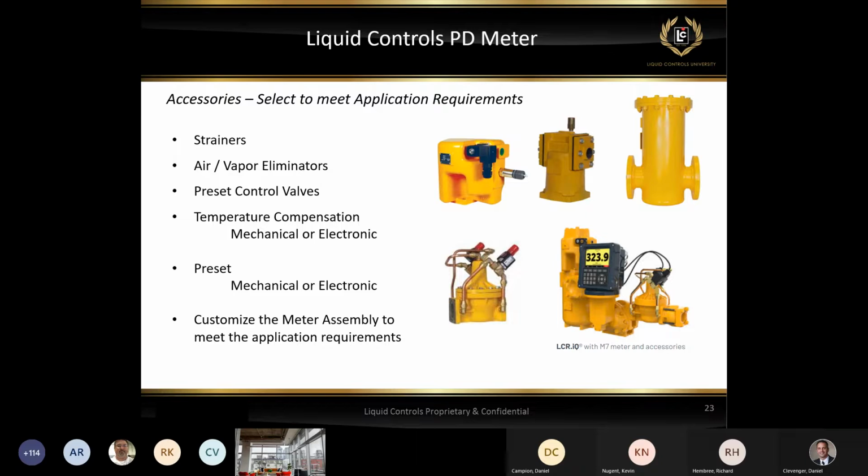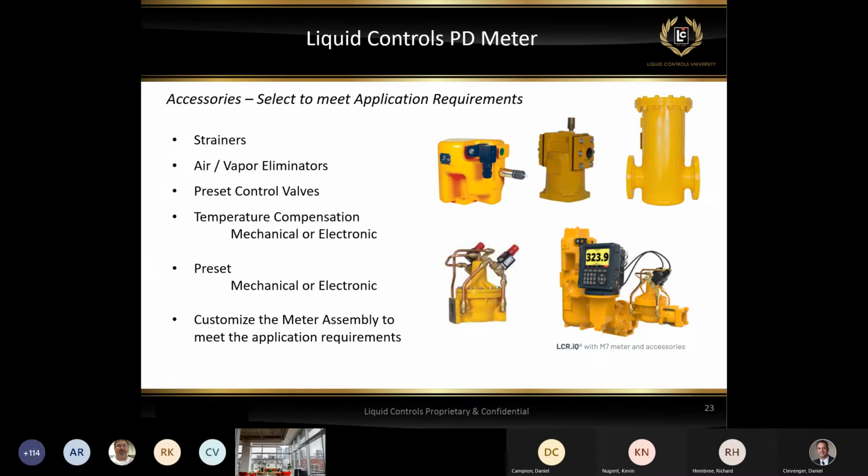Now, the weights and measures approval in many countries do not specifically say you must have an air eliminator, but they're written such that you must prevent air from going through the meter, which will be counted as liquid. So be careful when you're talking about supplying equipment and meters to applications, that you are being expected by the customer to be the expert in your local registration areas.